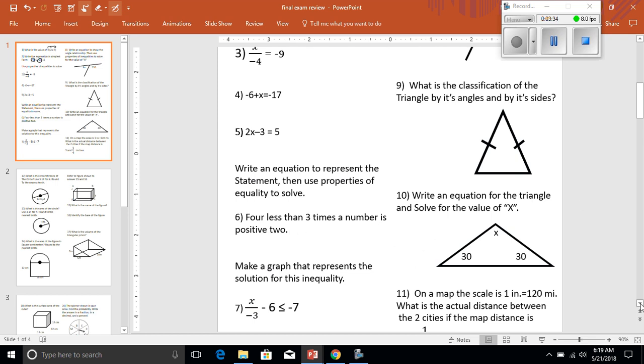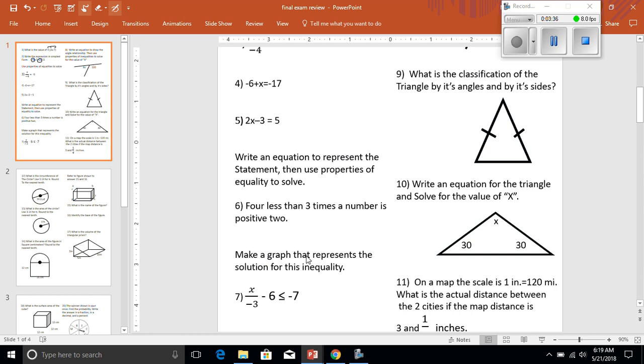Number 7, make a graph that represents a solution for this inequality. Well, first we have to solve the inequality. We don't treat it any different than we do an equation. So once again, we're leaving the letter for last. If we look, we see that we have a negative 6 that we need to move away from the x. So we'll do the opposite of what it's asking us to do, which is subtract.